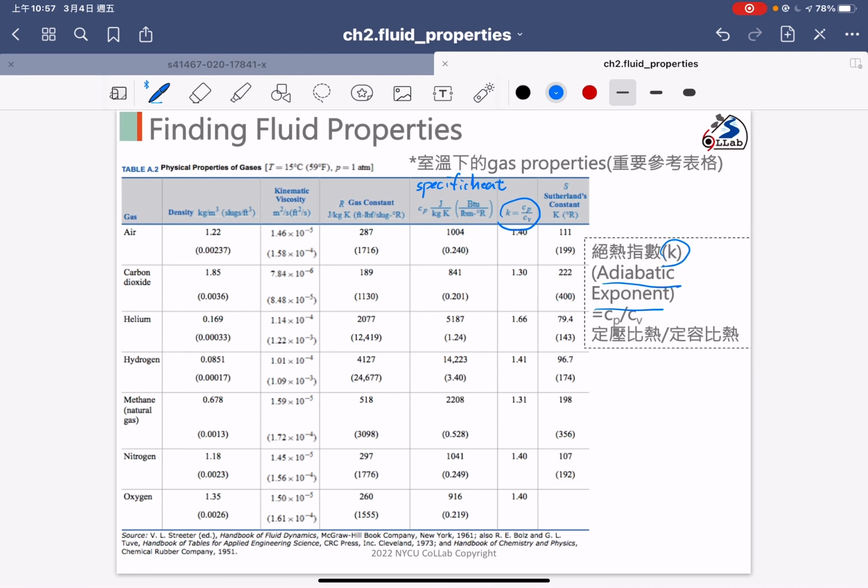Because we can measure the specific heat under different conditions, we can measure it under constant pressure or under constant volume. And under different conditions, we will have a different specific heat. So two important parameters are the C and the K. The two parameters are related to thermal problems. In our class, we are not focused on thermal problems, but you need to keep in mind some important thermal parameters, K and the Cp.